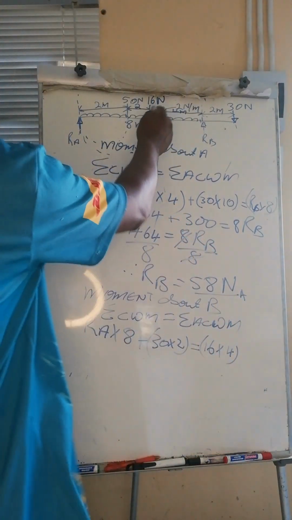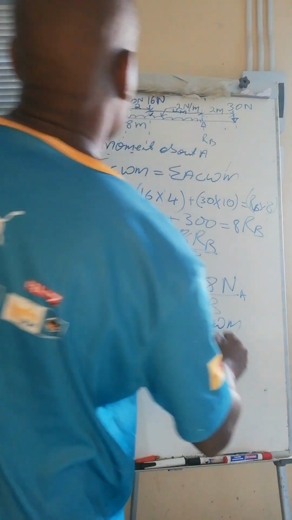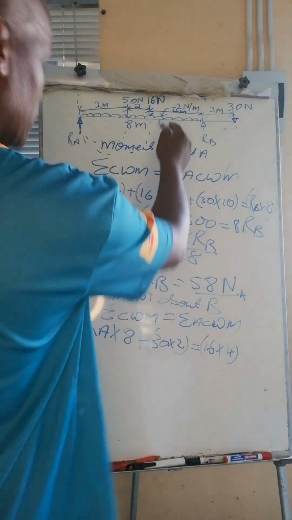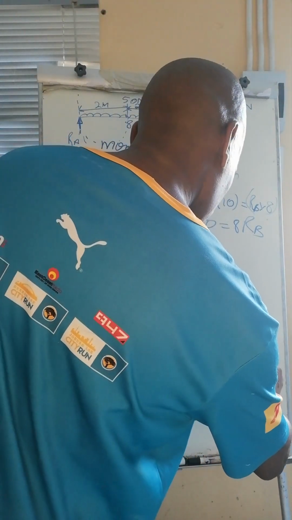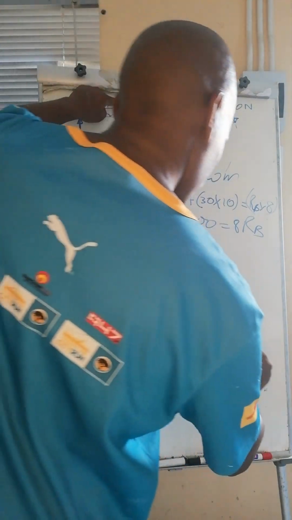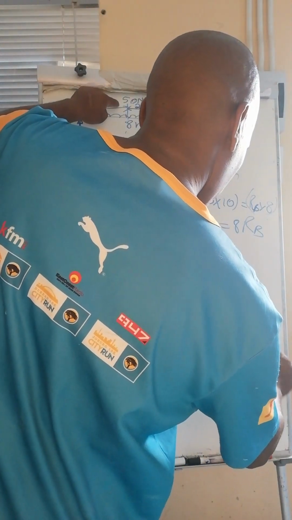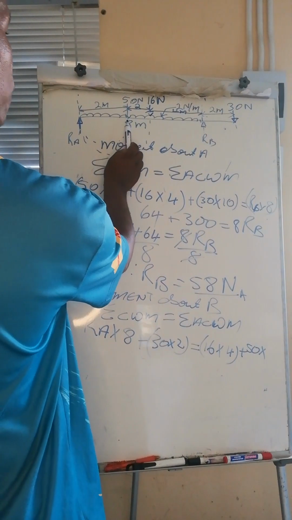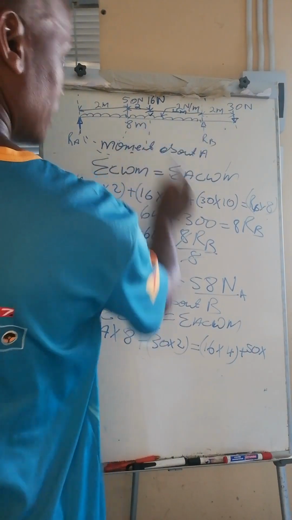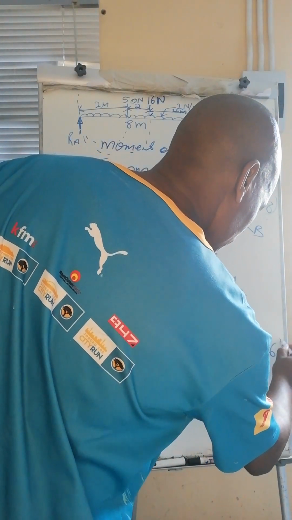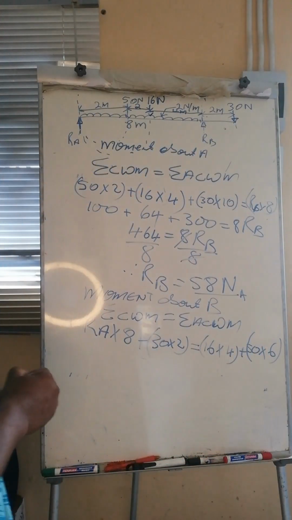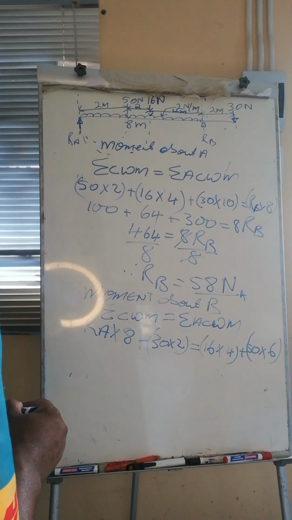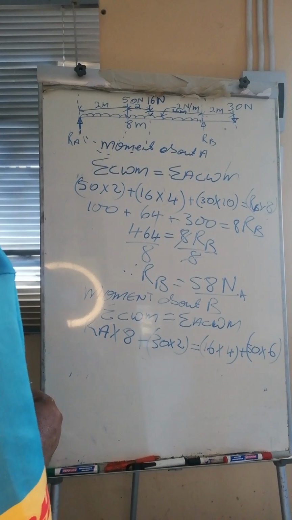Plus 50 multiplied by the distance from 50 to B, which is equal to 6.